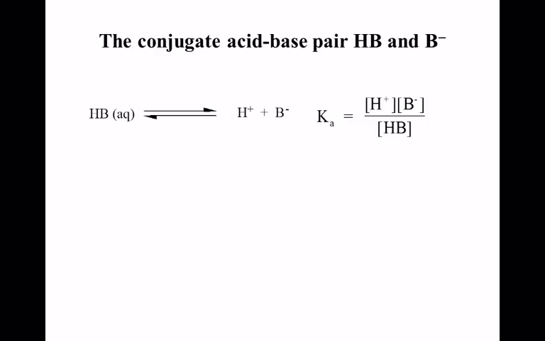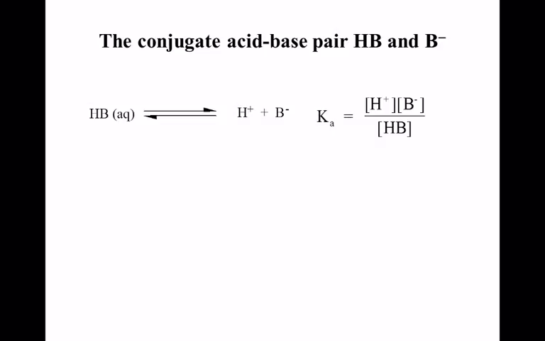Okay, so I'm going to show you, for either side of the equilibrium arrow, if you pick out the conjugate acid-base pairs, their Ka times the Kb is equal to Kw. I'm going to do a little proof. This is showing the ionization of a weak acid forming H plus and B minus, and the Ka expression would be this.